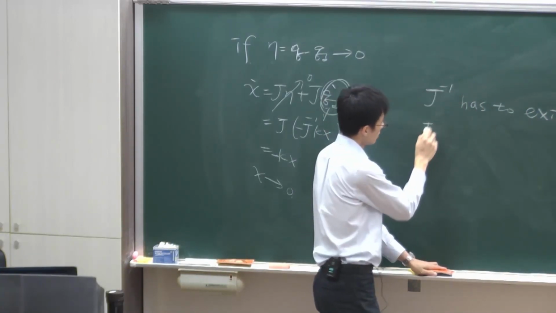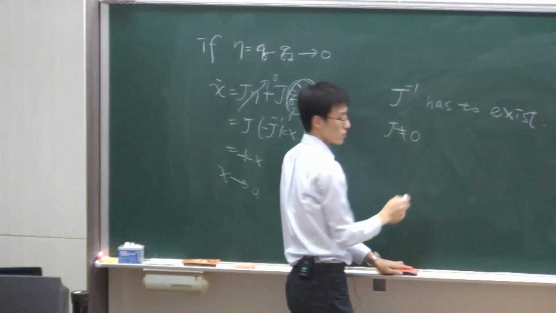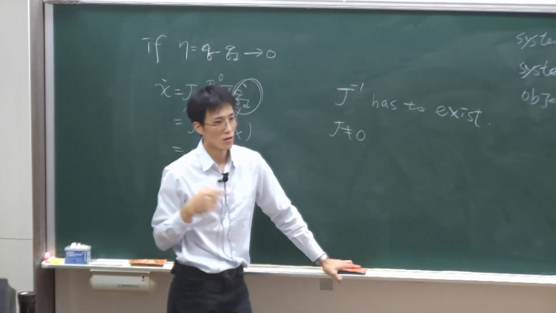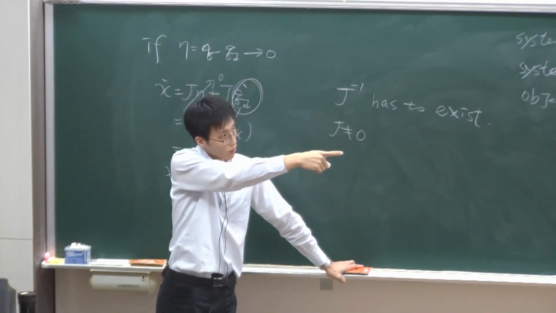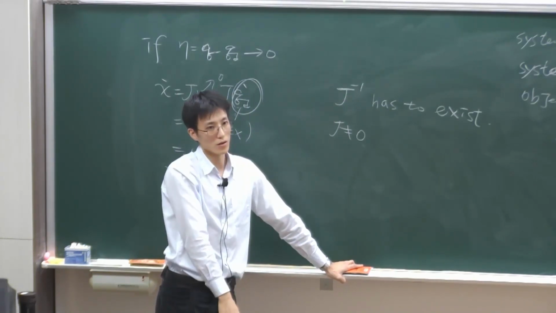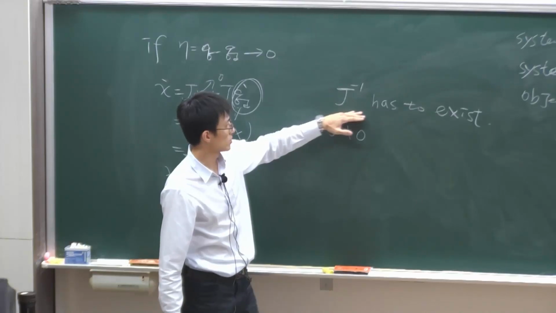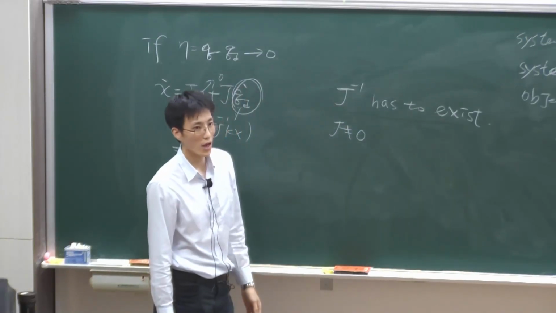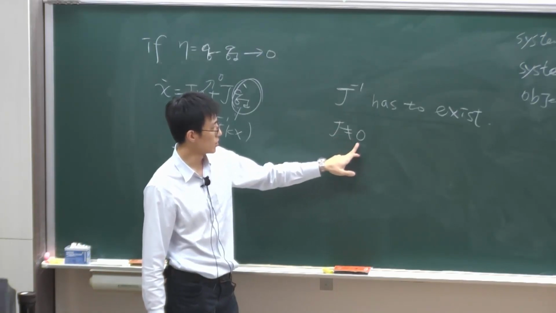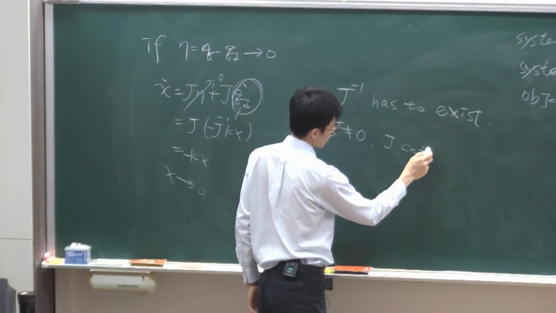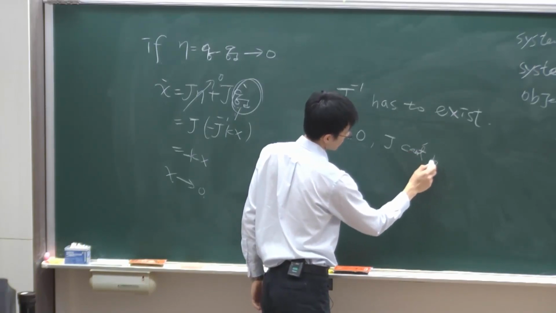In other words, J cannot be 0, because if J is 0, the inverse will be infinity, and that would require your torque to be infinity. So J inverse has to exist. So J cannot be 0. In other words, J cannot be singular.